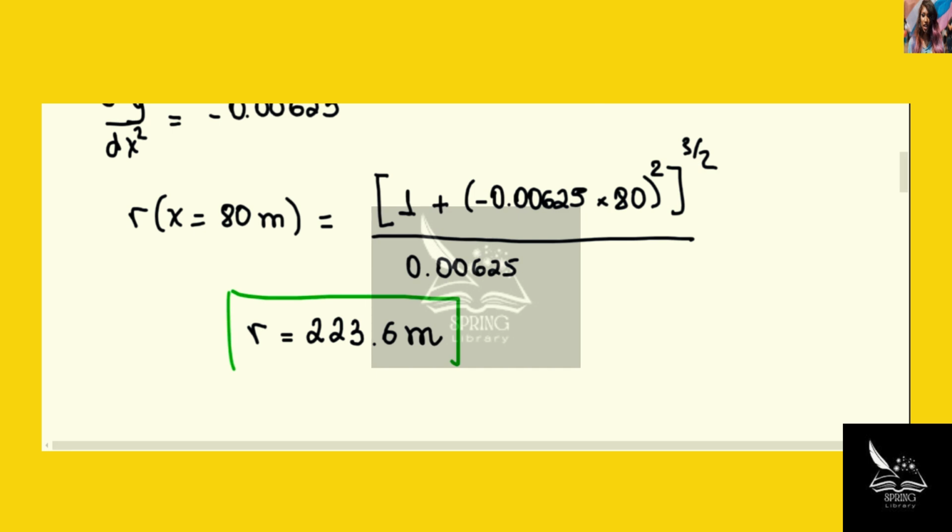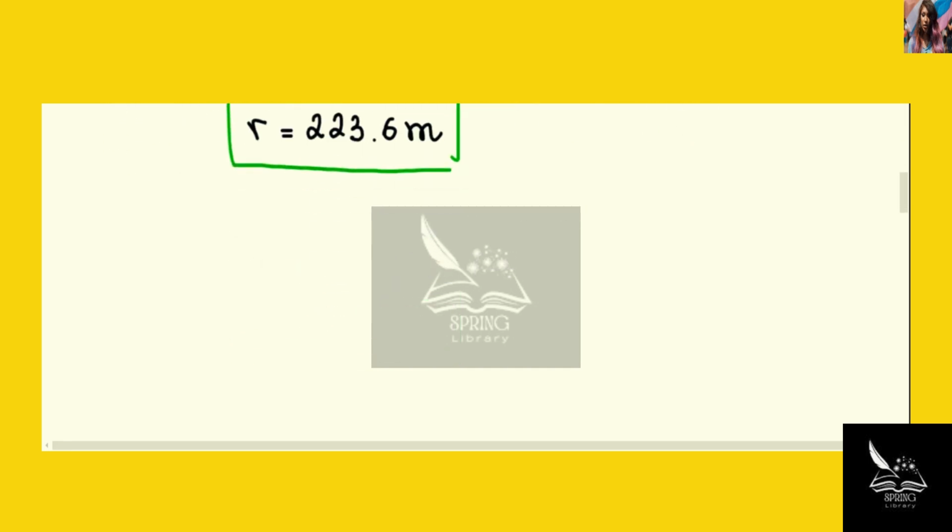Also, we're going to need to find what theta is. So notice that we have this parabola here. And I define theta to be this angle here. Now notice that this theta is the same as this theta here.